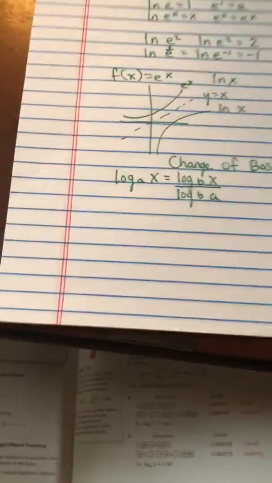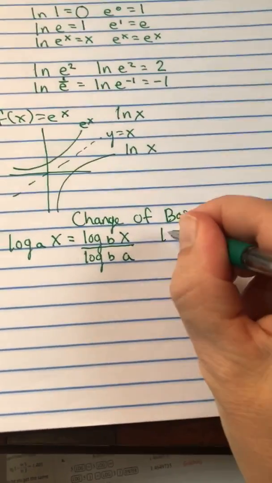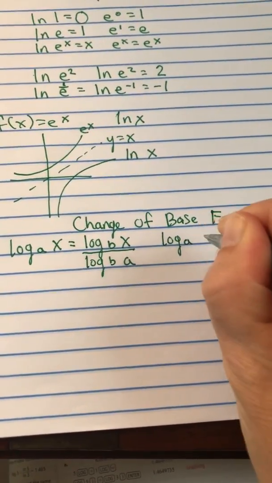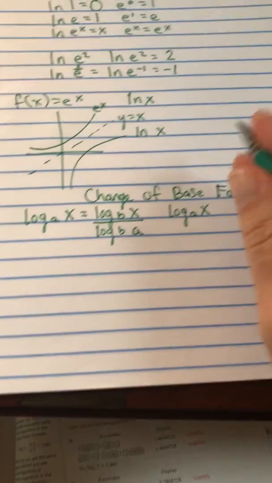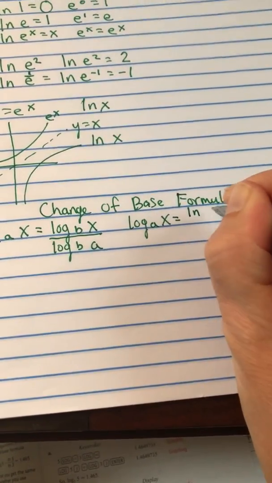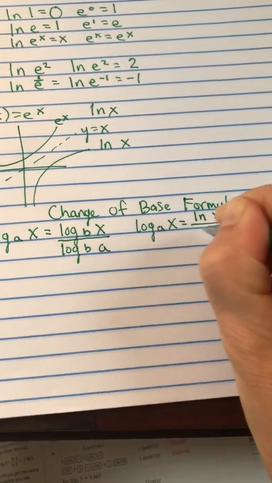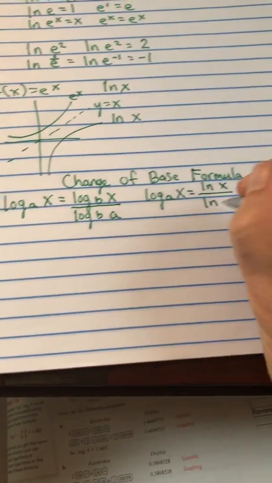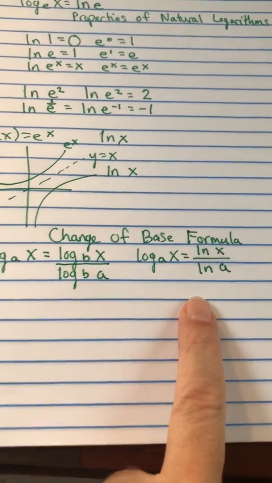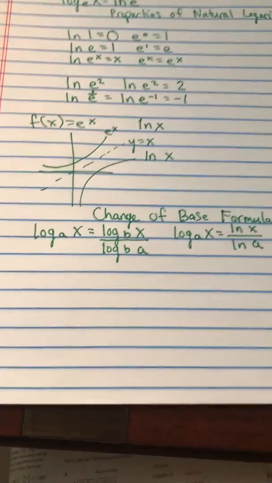You could also look at this as log to the base a of x equals the natural log of x over the natural log of a. It's actually more straightforward this way and less confusing. So let's look at some concrete examples.